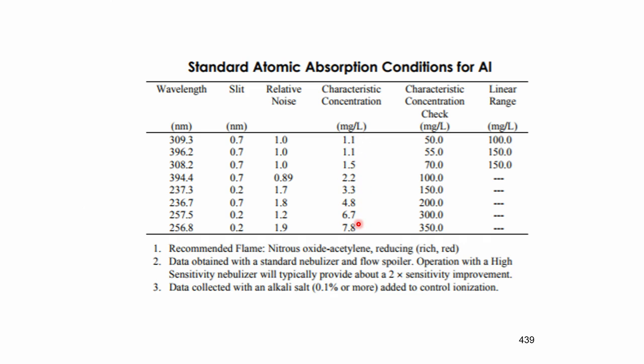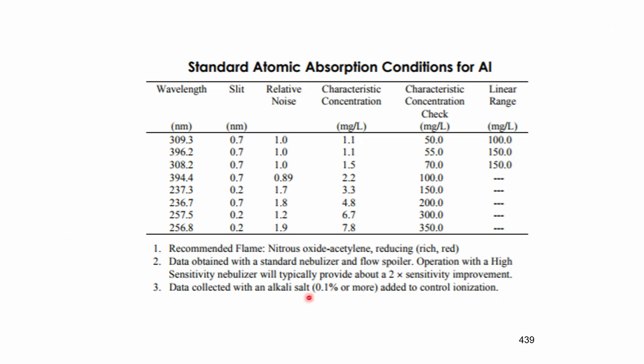The recommended flame would be nitrous oxide, because it forms a refractory oxide. So, they say use a reducing flame, that is rich and red. The flame should look reddish. So, that is how you must adjust your nitrous oxide and acetylene.